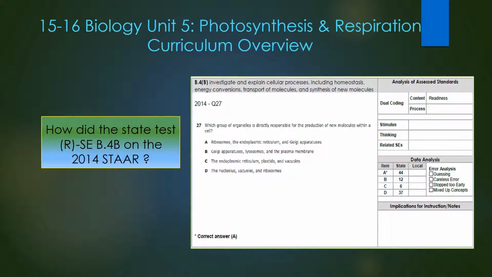Okay, next question from 2014 over the same standard. The question is, which group of organelles is directly responsible for the production of new molecules within a cell? If you look back at the SE, think about which type of process is being measured at this point: energy conversion, transport of molecules, or synthesis of new molecules, or more than one.